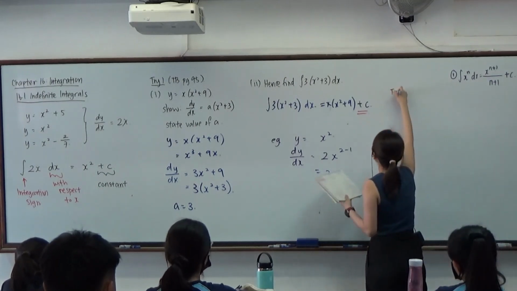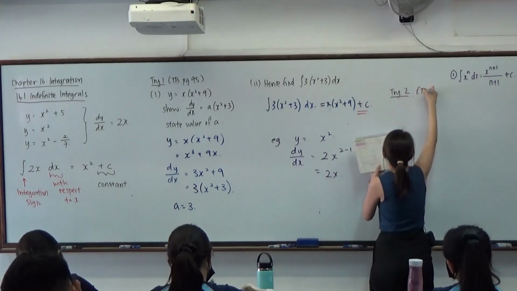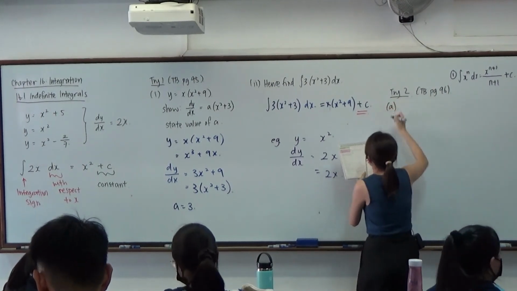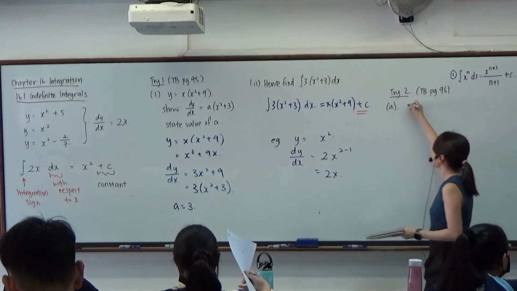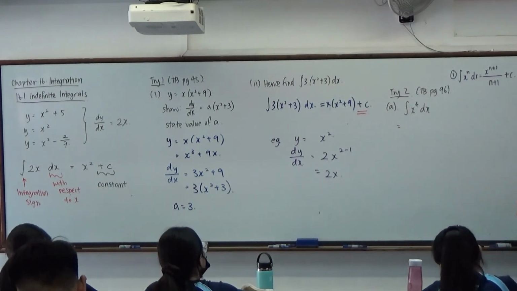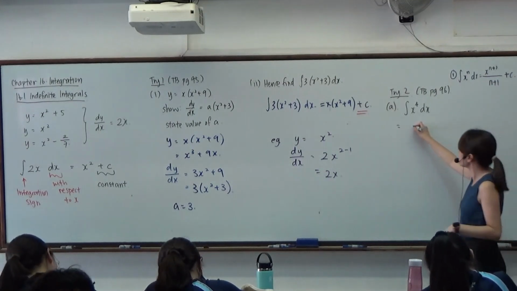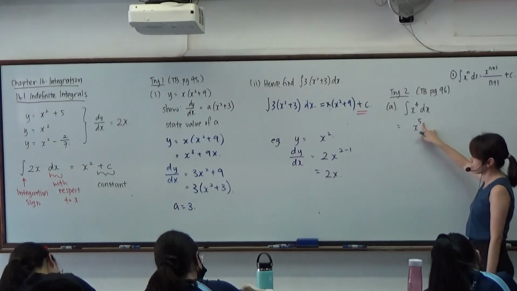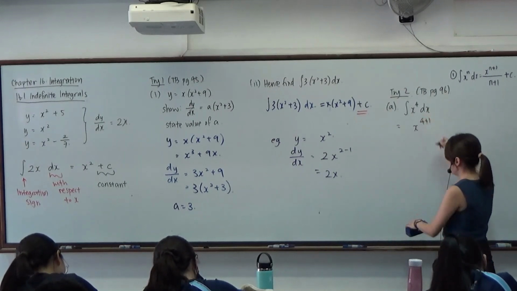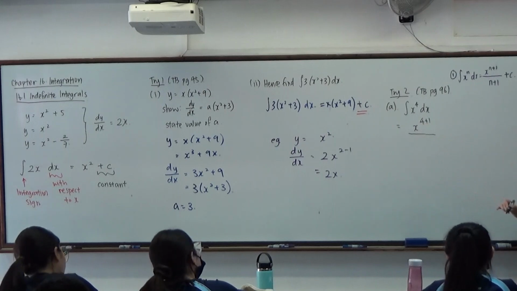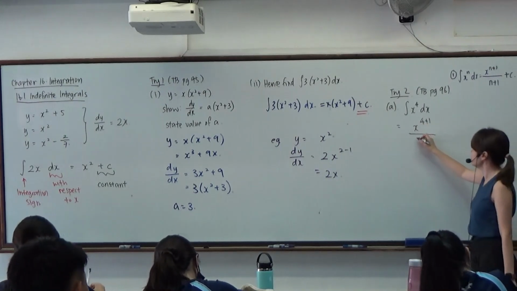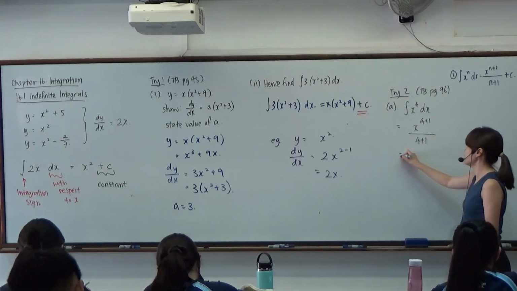So look at some examples. Let's look at integration of x to the power of 4 with respect to x. What this will mean is that our power will plus 1, so becomes 5, and then divide by the new power, which is 4 plus 1.